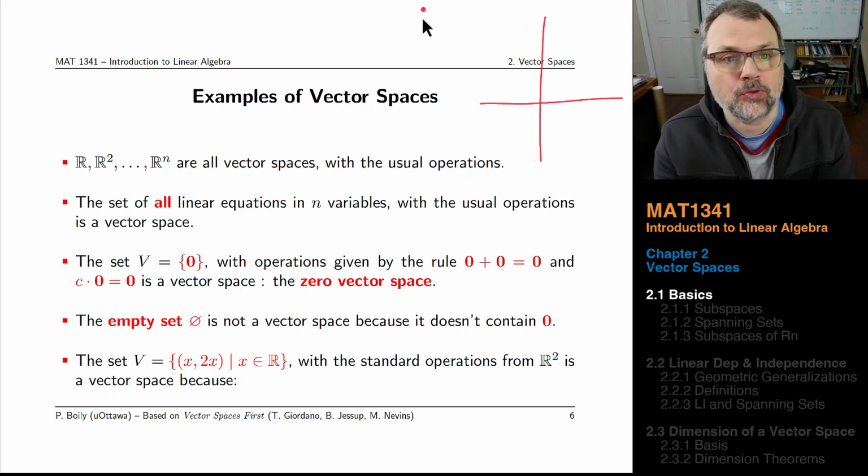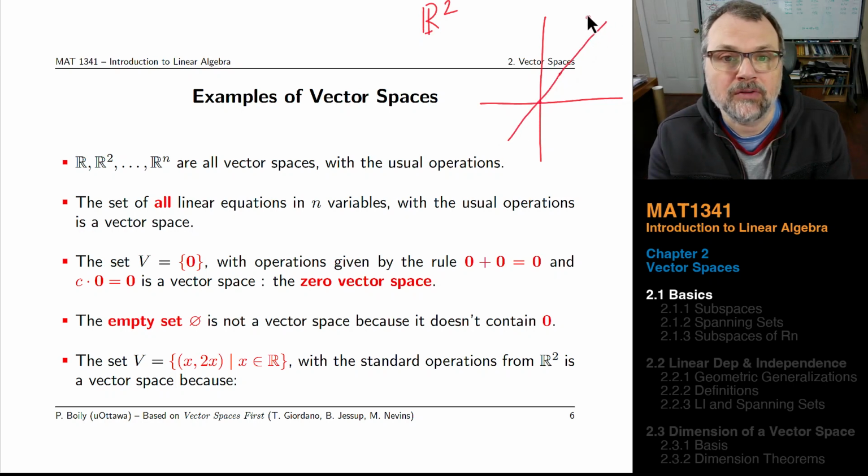This is R2, 2-space, and V is basically saying if x is 0, y should be 0. If x is 1, y should be 2. What we have here is, roughly speaking, the line 2x. So we're looking at the points that are on this line.